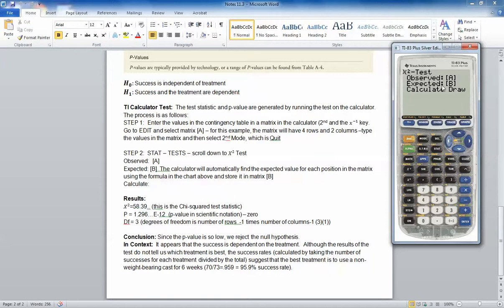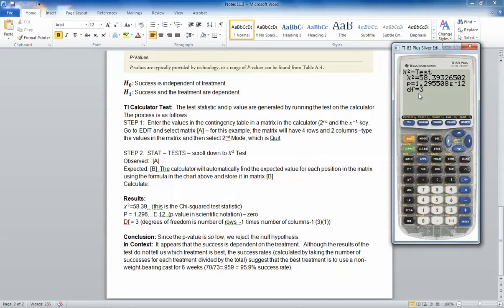The expected values, we don't have to enter in matrix B. The calculator is going to do all the work for us and put the expected values into matrix B. So we go down to calculate, hit enter. It already takes care of the formula. Our test statistic, chi-squared, is 58.39, and our p-value is 1.29 times 10 to the negative 12, which is close enough to call it 0.